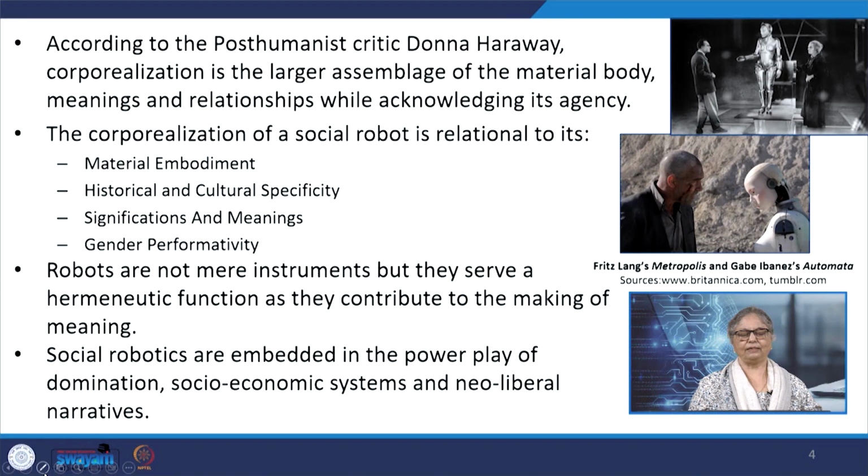Donna Haraway feels that instead of being mere instruments, robots serve a hermeneutic function as they contribute towards the making of meaning. In her opinion, social robotics are embedded in the power play of domination, socio-economic systems, and neoliberal narratives.